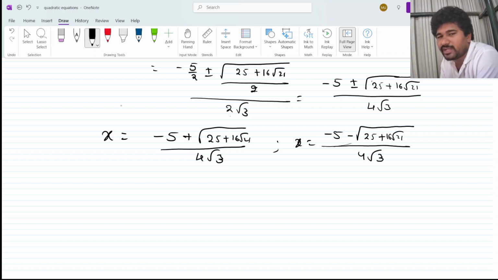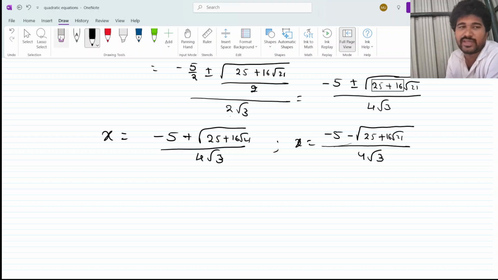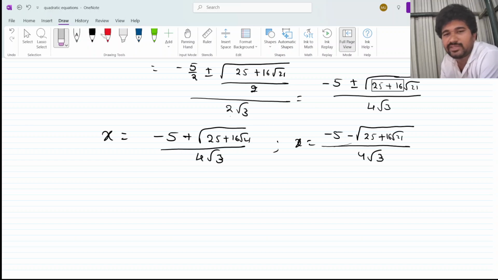Some people are trying to add these two. Don't do that. The 16 is with the root 21. You cannot add.